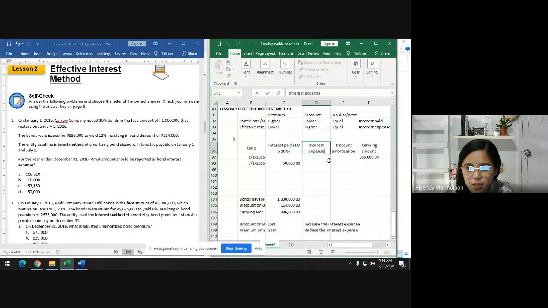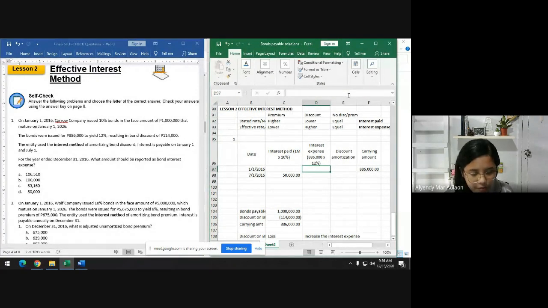Now, interest expense. It will be based on the carrying amount. How much is our carrying amount? 886,000, multiplied by the effective or yield rate. How much is our yield rate? That is 12%. So this is our formula.